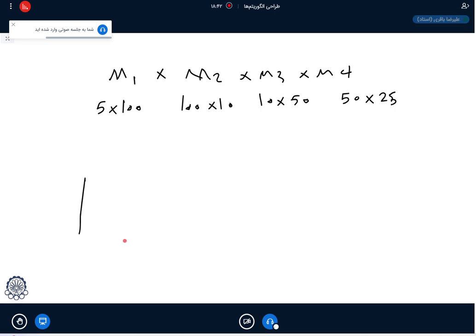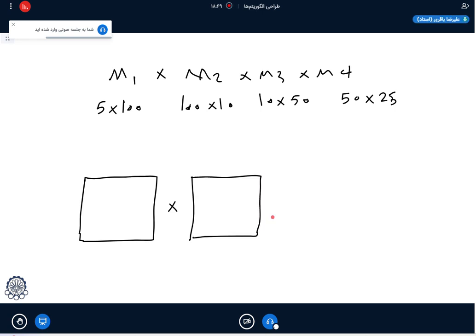If a matrix is multiplied by another matrix, the result is another matrix. Suppose the first matrix is matrix A, which has P rows and Q columns.